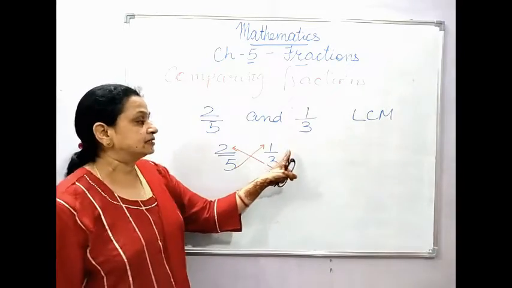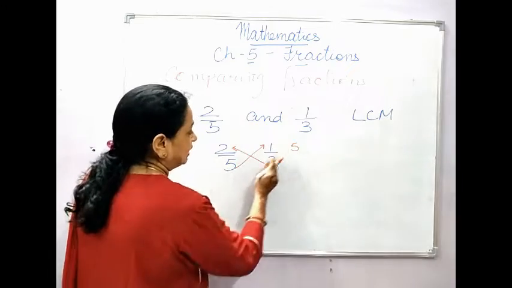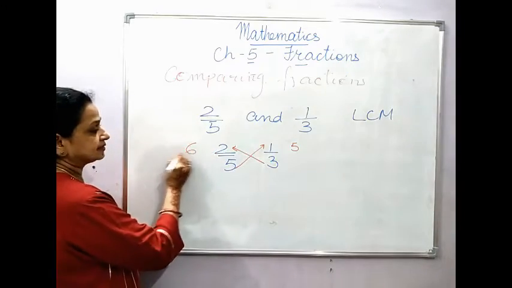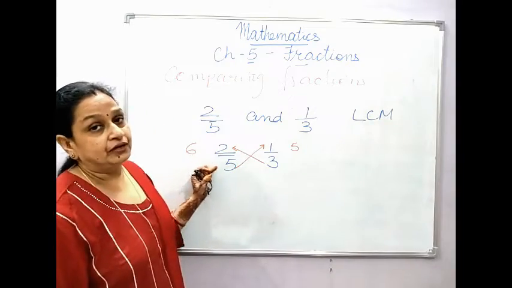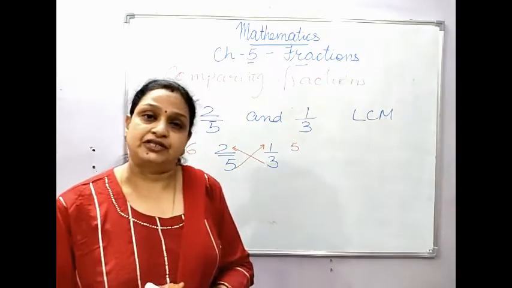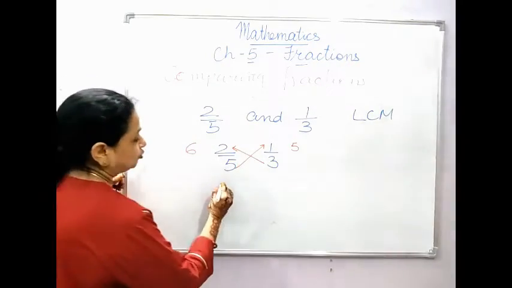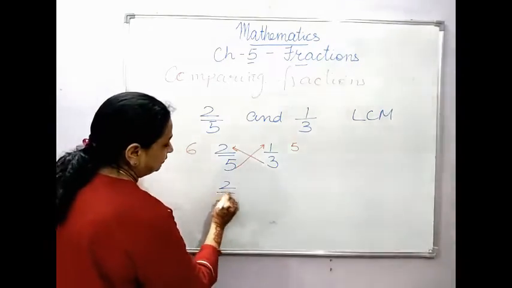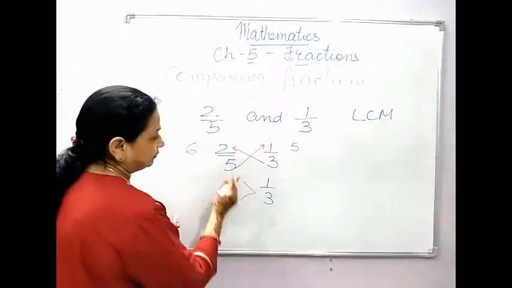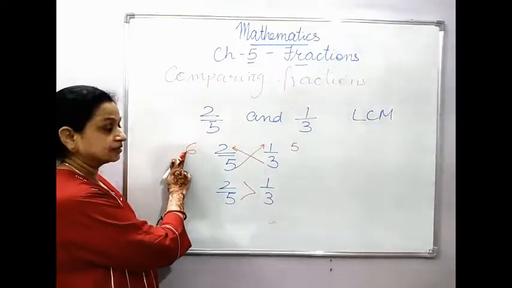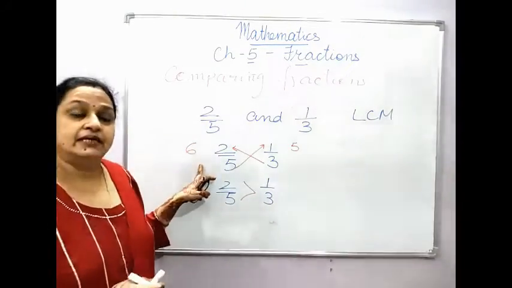So 5 ones are 5 and 3 twos are 6. The side which is greater will be your greater fraction. So in this case, 2 upon 5 is greater than 1 upon 3, because the answer of this side is greater.